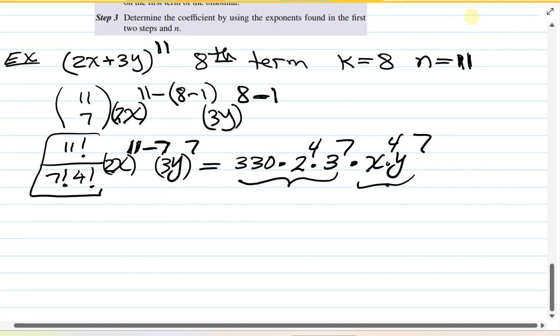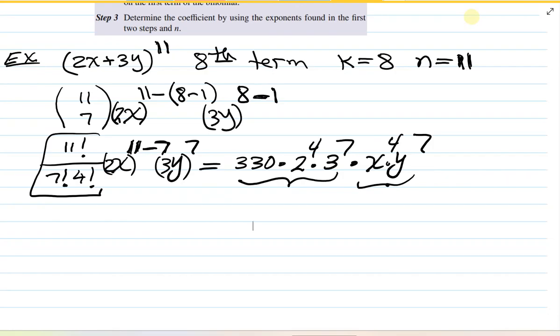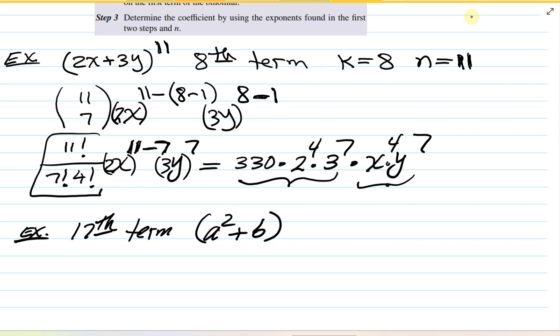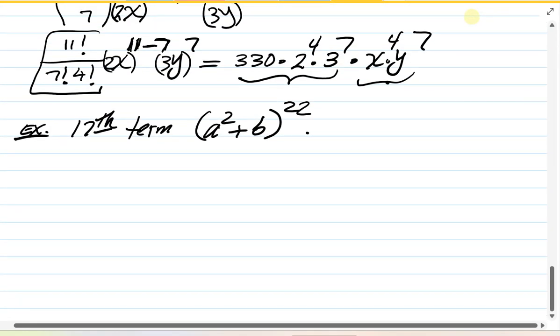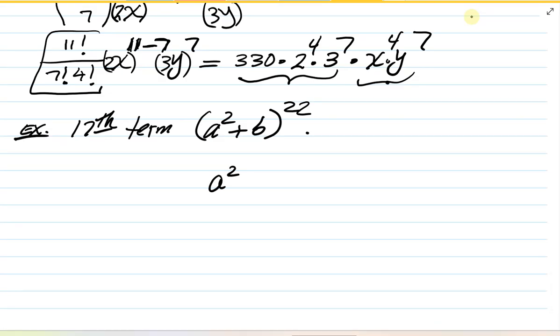Now, let me do just one example here real quick, kind of like what you may expect on your homework and on your exam. Let's say I want to find the 17th term in the expansion of a squared plus b to the 22nd power. Remember, for the 17th term, other than first and last, you're going to have both a squared and b side by side.